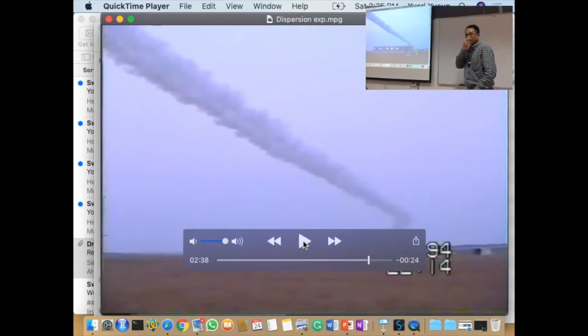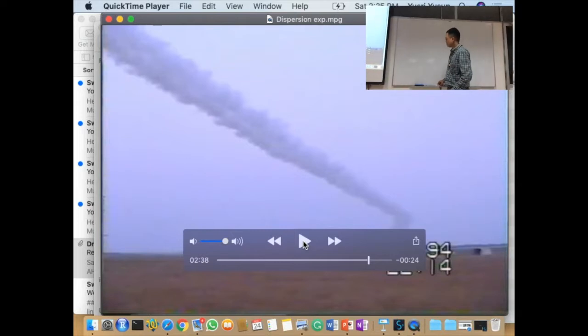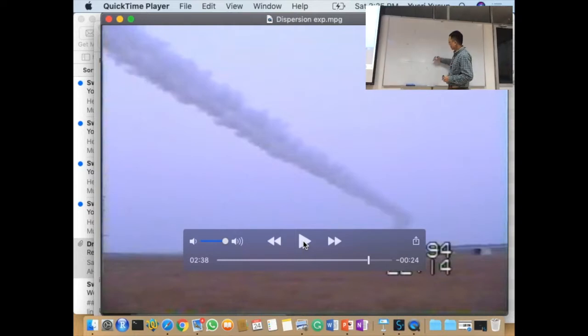Now, just to give you a preview of what is meant by stable condition and unstable condition, I'll show you the temperature profile. If this is height, and this is temperature, unstable condition is where the temperature at the bottom is higher than the temperature at the top. This is unstable condition, or convective condition.